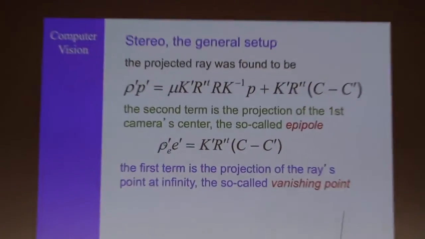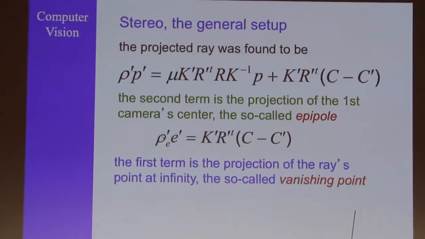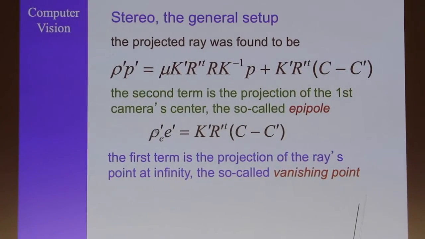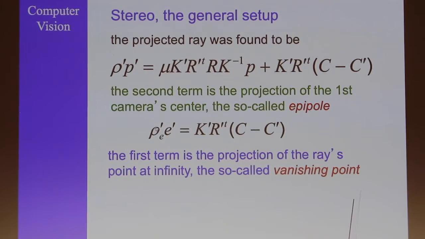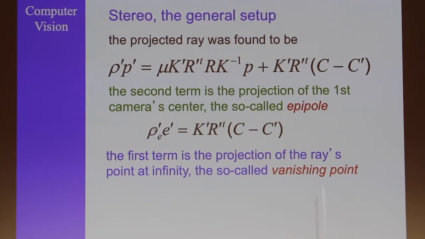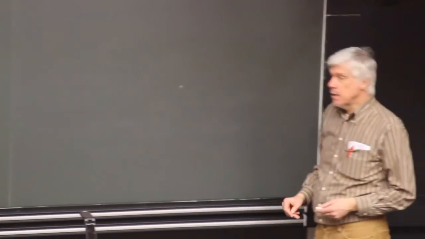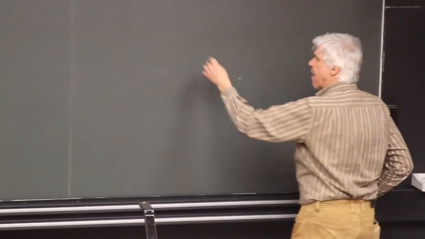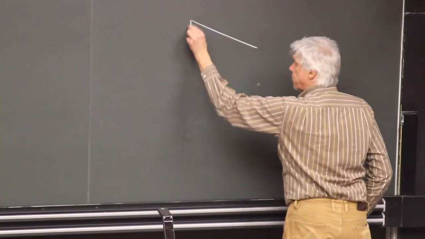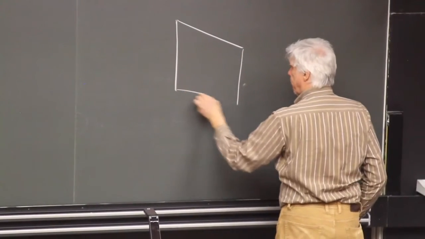So it's like seeing not p minus c prime, but the directional vector. The question is, what projection into the second image plane is that? Okay, so let's consider the general setup. Here we have the image plane of the first camera.